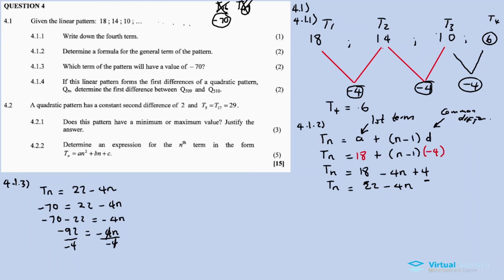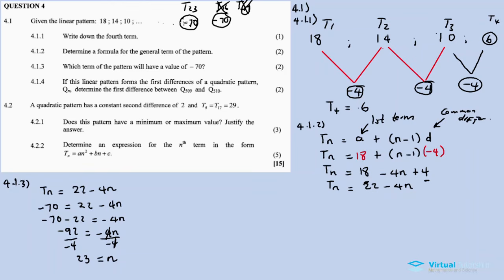Then negative 92 divided by negative 4 is 23, so it's equal to n. So the 23rd term has a value of minus 70. T23 has a value of negative 70. That is our answer for 4.1.3.